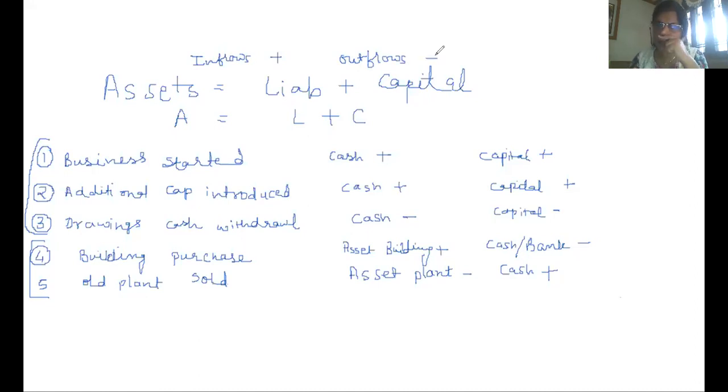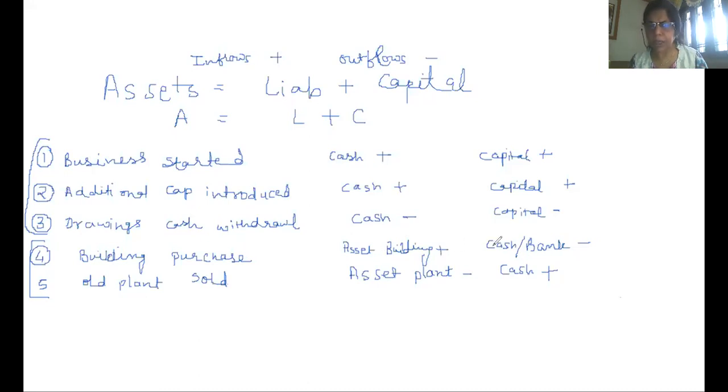Okay, so you have to remember this concept while you make the accounting equation, that assets is equals to liabilities plus capital, and all inflows will be added and all outflows will be subtracted. See, inflows: building purchase, car purchase, or whatever you are purchasing, that will increase, so plus.